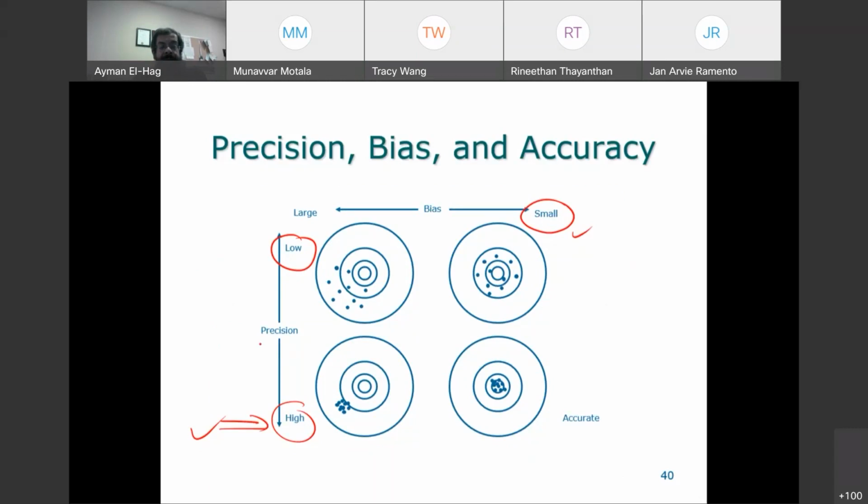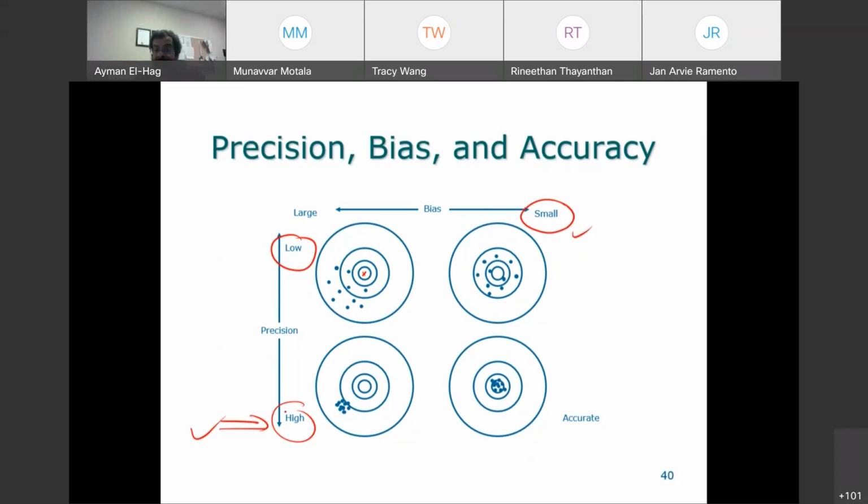Okay? Now, if we have low precision and large bias, and I'm supposed to measure this, you see the results are scattered, random, and far away. So you have a high bias, and the results are not repeatable. They are far away. So you have a random error and you have a bias error. Both are there.